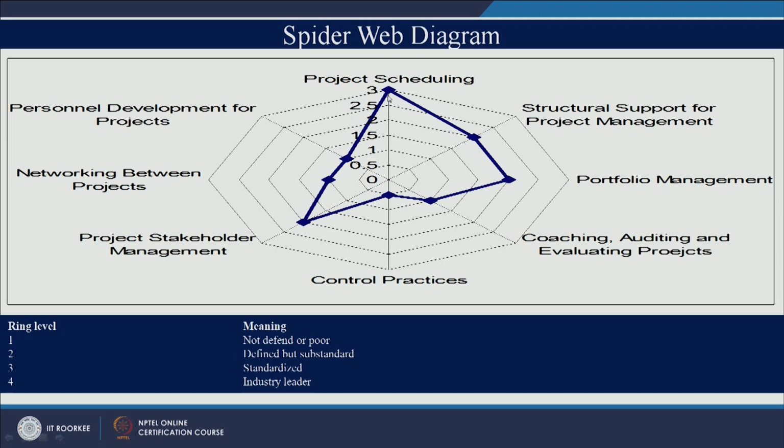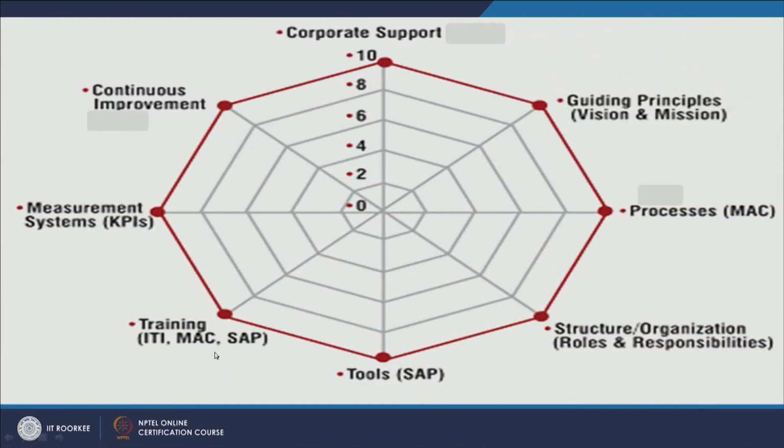So, this is nothing but a process of first identifying your practices, benchmarking them with the practices of the industry leader, and then systematically moving in that direction. This is another example. You can have different processes, for example corporate support, training, several KPIs and so on. So, you can benchmark your processes with the industry leader.